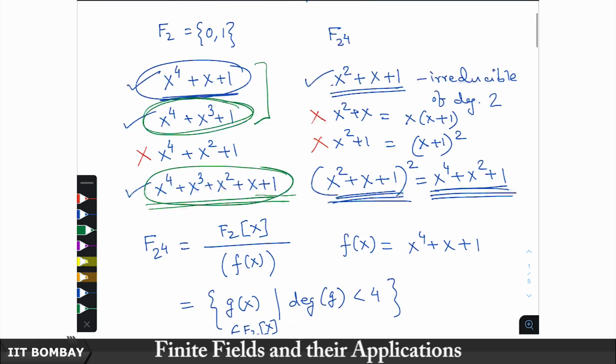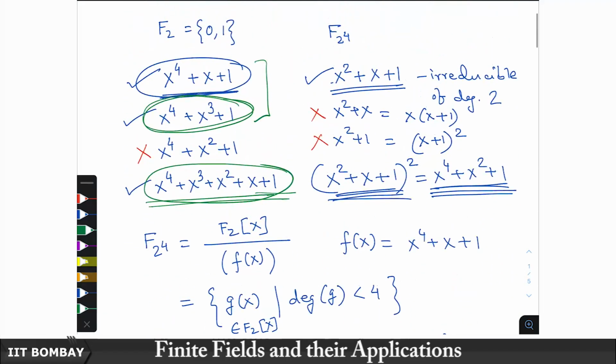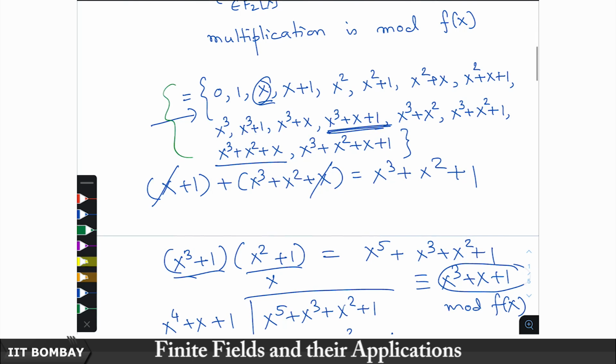So, in fact, you know that x is the root of the polynomial which is used to extend the field, and in this case that x corresponds to alpha 3 here, which is not a primitive element.